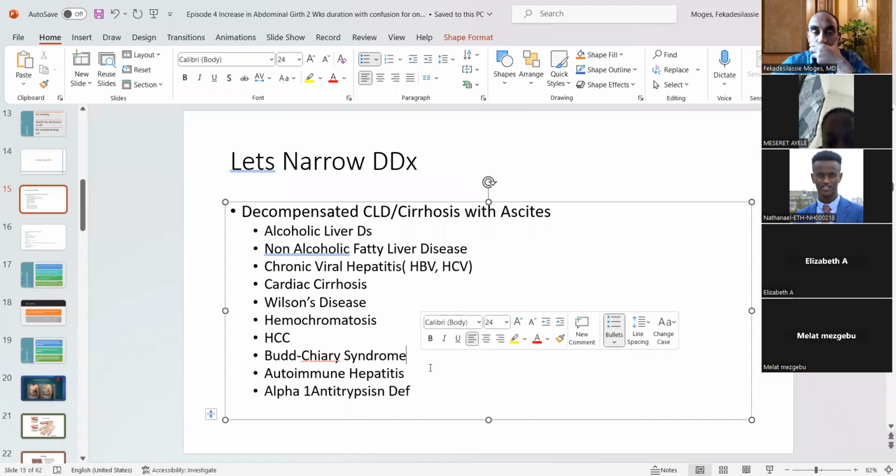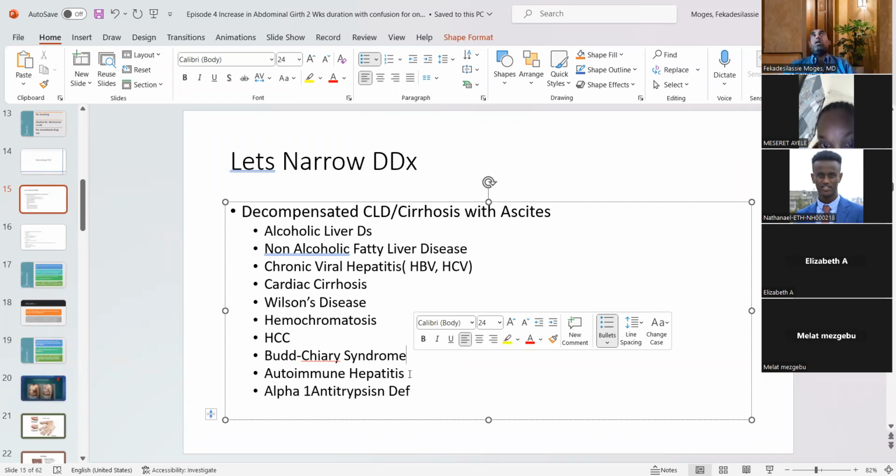Budd-Chiari syndrome. You told me the pathophysiology. It's hepatic vein thrombosis, right? So shall I remove it or shall I keep it? We better remove it because its presentation would be more acute if it was Budd-Chiari syndrome.